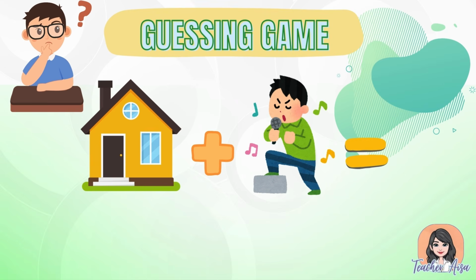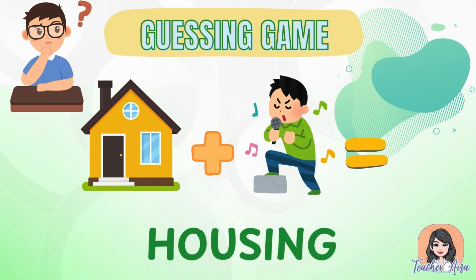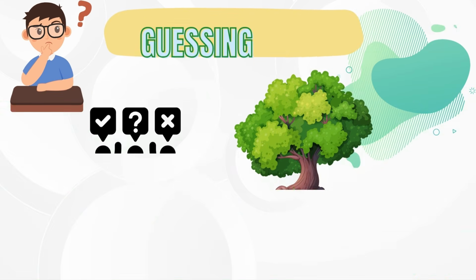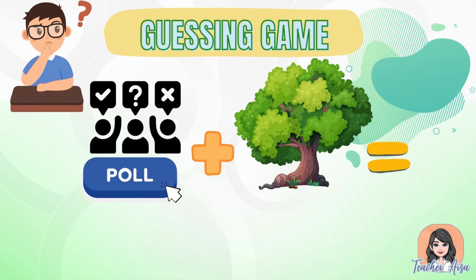Let us start the lesson by playing a guessing game. Can you identify what is the hidden word? Good job! It's housing. How about this? What do you think is the word?